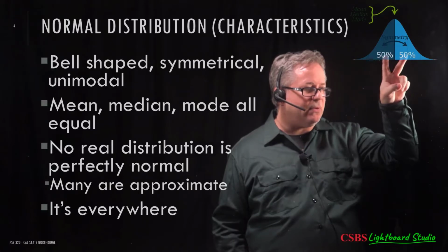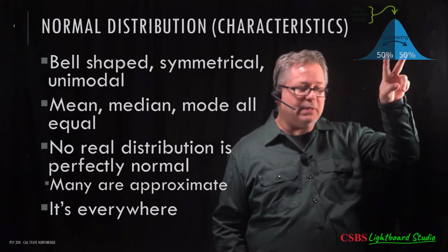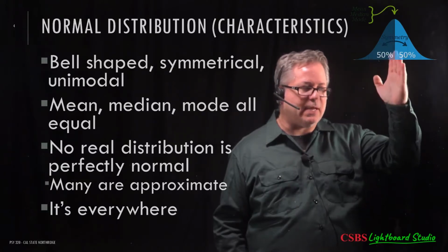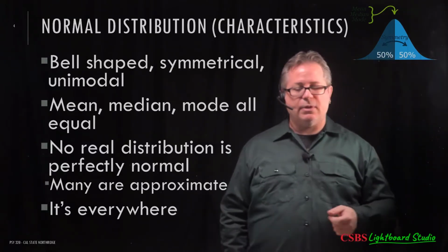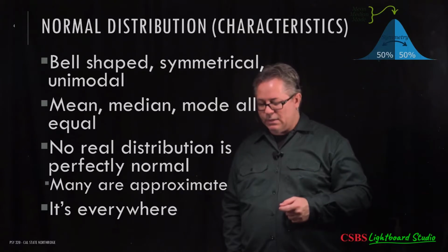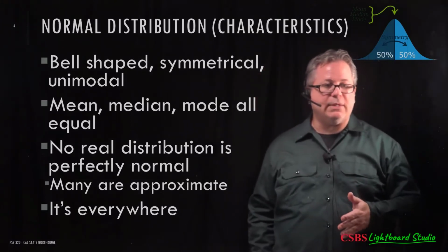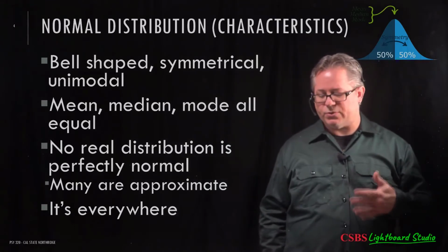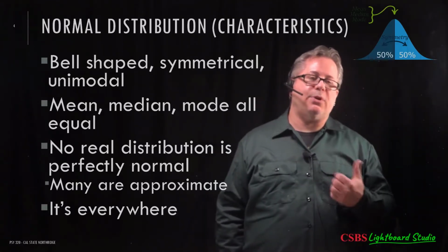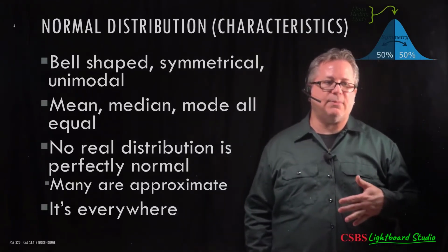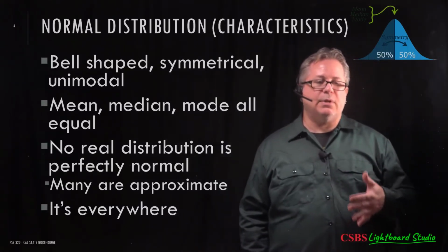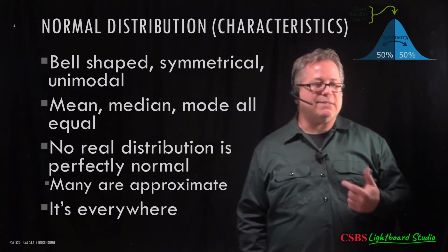That tells us that in a normal distribution, because the median is in the center, we should expect 50-50: half the distribution is above the median, half is below, and because the median and the mean are the same, that's also true for the mean. Okay, so we know that normal distributions are bell-shaped, symmetric, unimodal, and the mean, median, and mode are all the same.